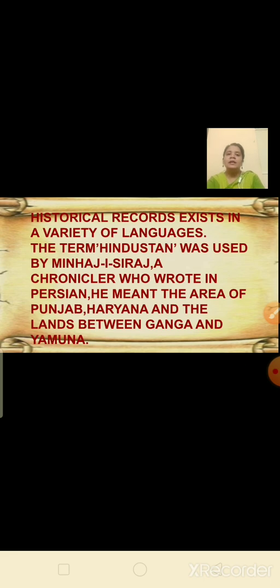So basically, when he mentioned the term Hindustan, what he actually meant was the areas of Punjab, Haryana and the lands between Ganga and Yamuna. So it was used in a political sense for lands forming the parts of the area of Delhi Sultanate.